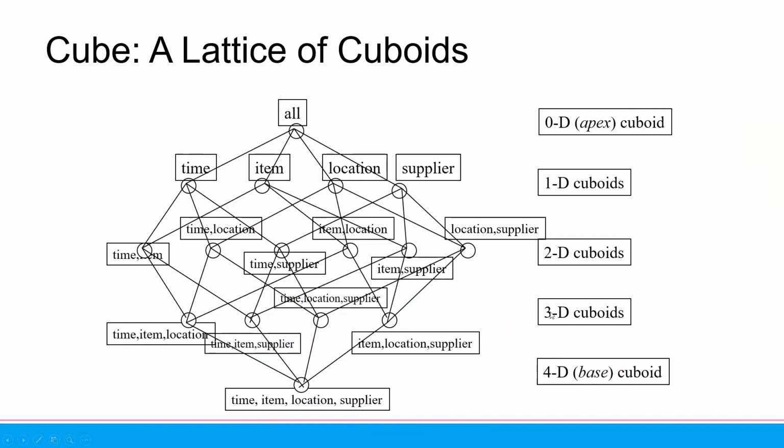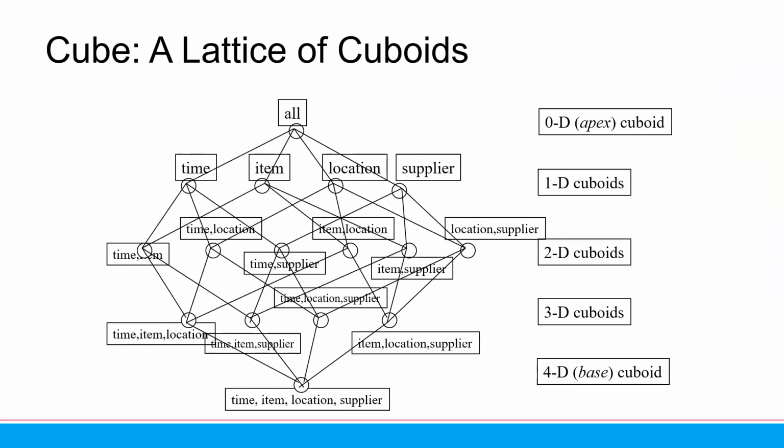What if we have 3D cuboids? Then we have combinations of 3 attributes: maybe only item, location, and supplier, or only time, item, and supplier, or time, item, and location, or time, location, and supplier. If we are dealing with 2D, we have only 2 different attributes.